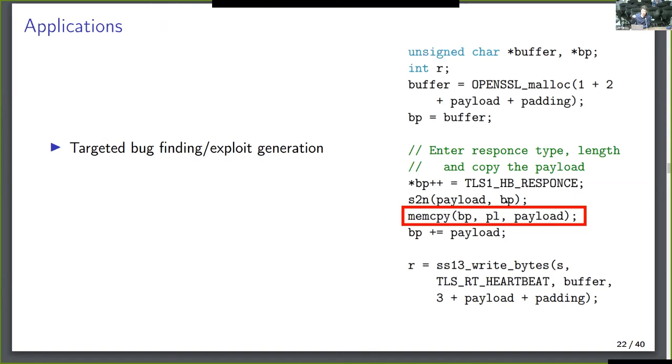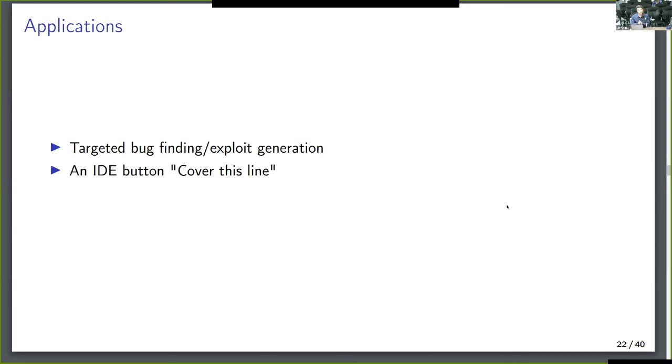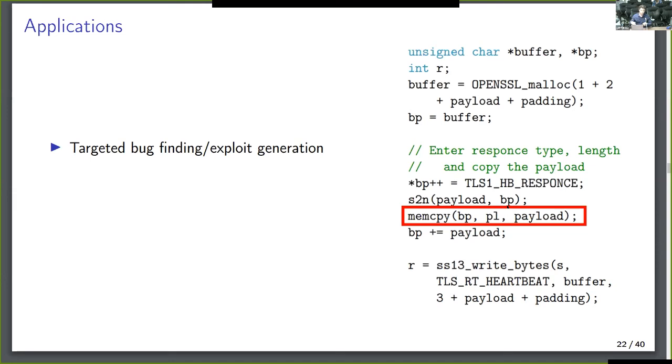So here we can just focus on this line, memcopy, with some additional requirements. And if we have some targeted test generation engine, then we will quickly find some test inputs that lead us to bad behaviors of the program. So targeted bug finding or exploit generation is one prospect of application.